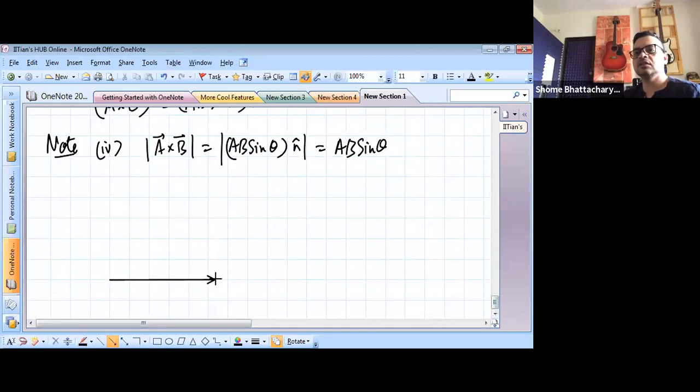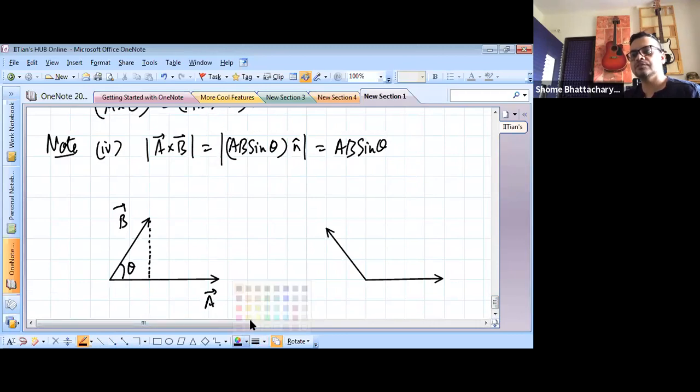Whether A and B are making an acute angle like this, or an obtuse angle like this, there is a particular interpretation to AB sine theta, and that is that if you drop this perpendicular, it is B sine theta. This length here is B sine theta, and this length here is A.